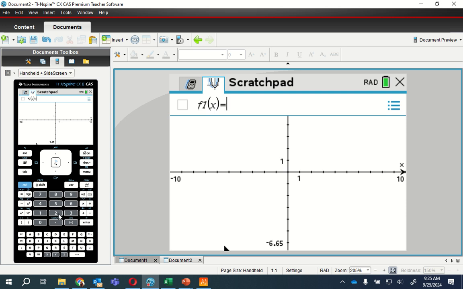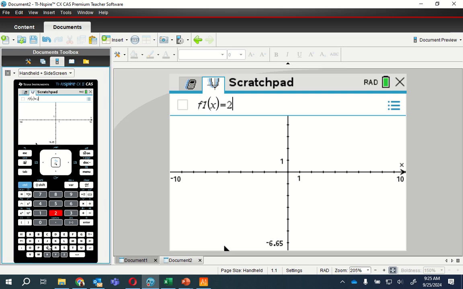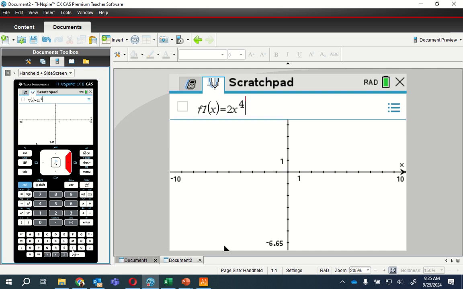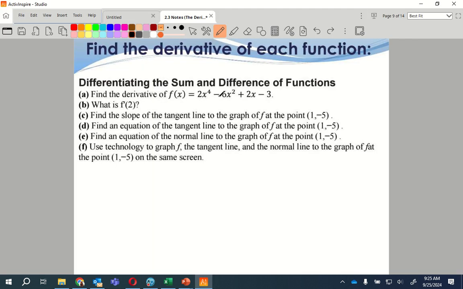What did it start off as? 2x to the 4th minus x squared plus 2x minus 3. Okay, good.